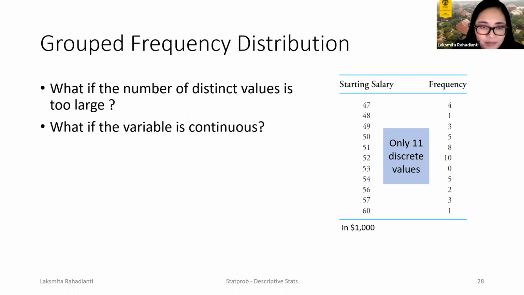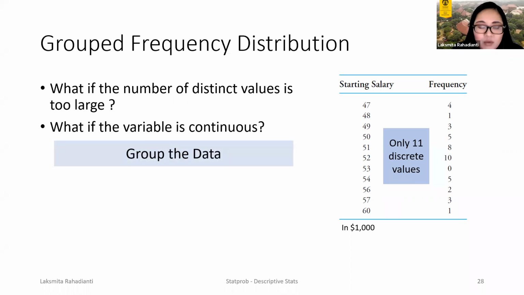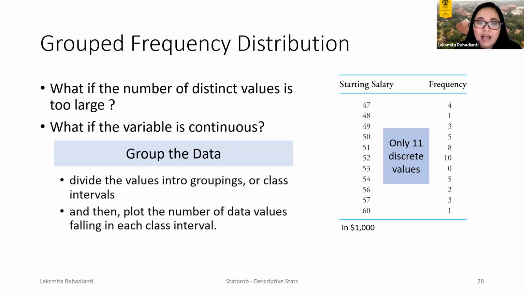Where do I put them? So when the variable is continuous, it's very difficult to use an ungrouped frequency distribution. So as an alternative, we can also group the data. We can divide the possible values into groupings, or the correct terminology is class intervals. And then we can compute the frequency of any measurement that falls into that class interval.